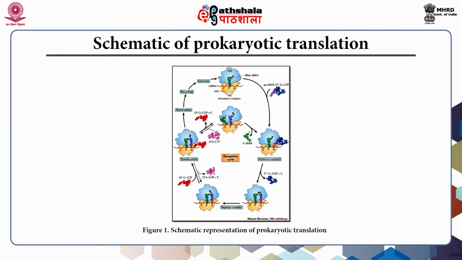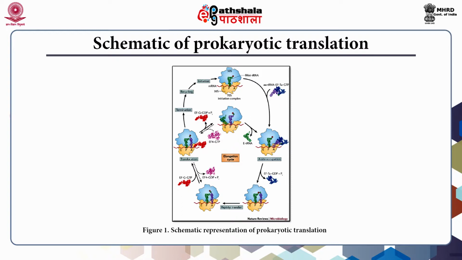Apart from that, the 70S ribosome binds the messenger RNA molecule. The messenger RNA molecule during the initiation binds to the precise location so that the AUG codon is present at the P site of the ribosome. The formylated methionine transfer RNA is the first transfer RNA that binds to the AUG codon at the ribosomal P site.